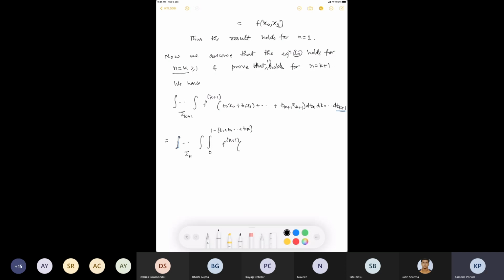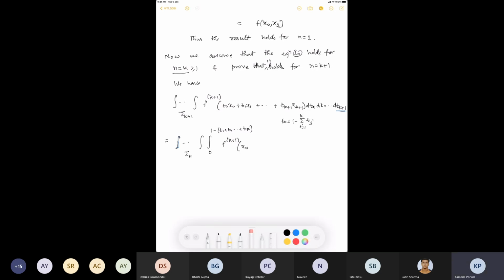So I'm substituting t naught is equal to 1 minus summation of ti's, i is equal to 1 to k. Okay. So what I will get is x naught, and then each of the ti will be multiplied by x naught. So I'm just going to simplify this term.